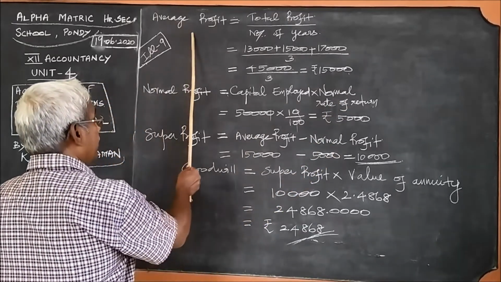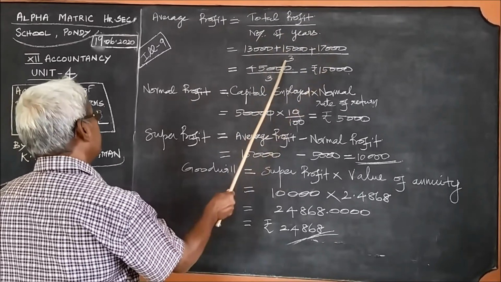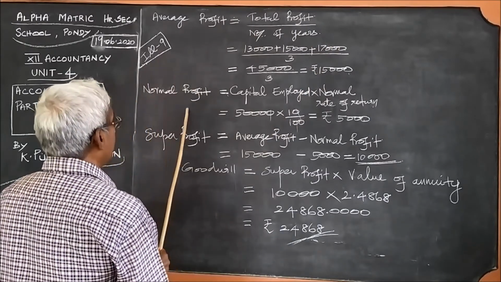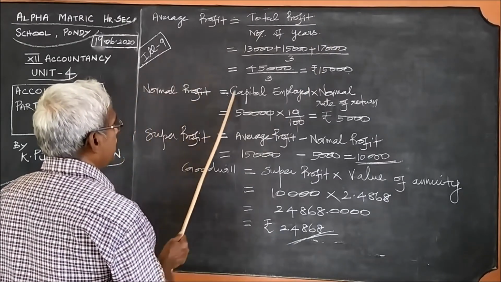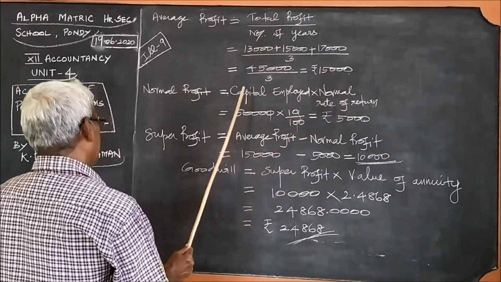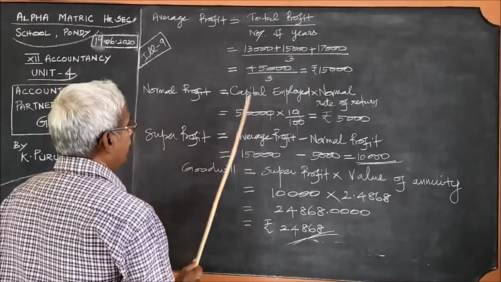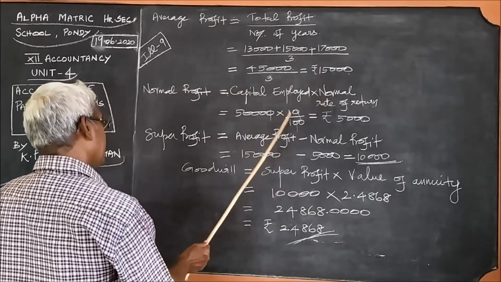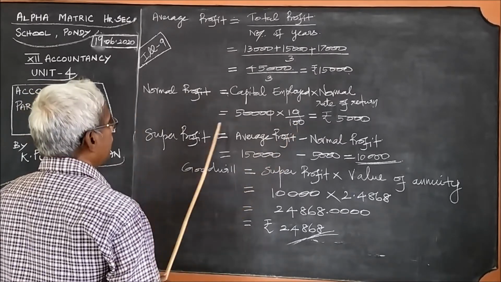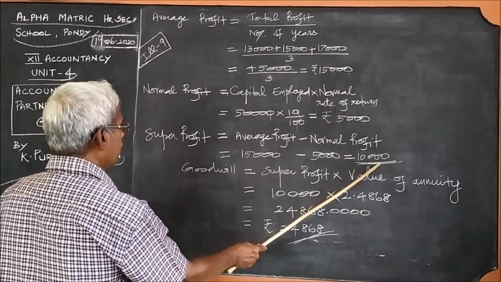For average profit, 3 years profit is given, so add the 3 years profit and divide by 3. You will get 15,000. Normal profit is equal to capital employed into normal rate of return. Capital employed in the problem itself is given as 50,000 and normal rate of return is 10%, that is 10 by 100. Therefore, super profit is equal to average profit minus normal profit, which is equal to 10,000.